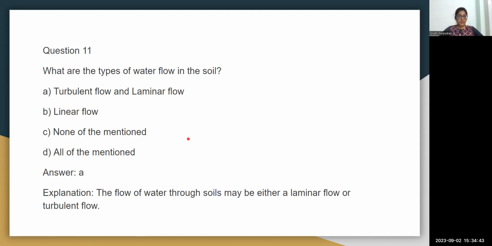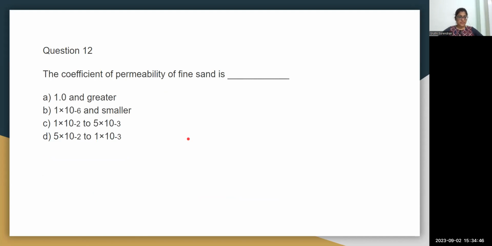Okay, moving on to the next question. What is the coefficient of permeability of fine sand?